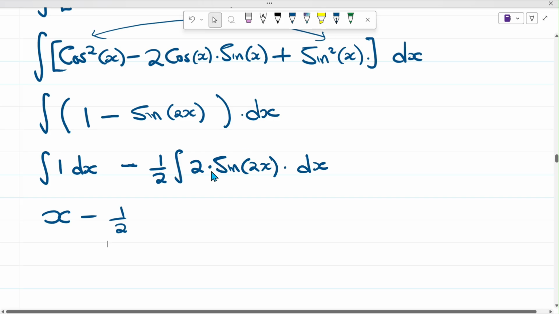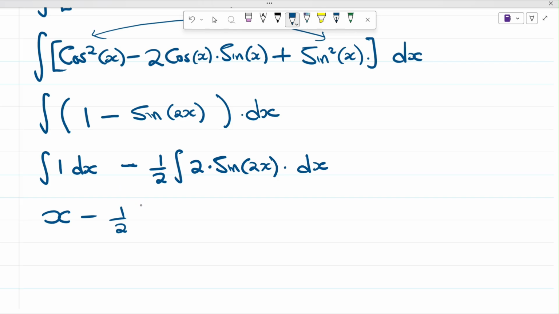Then we ask ourselves, what is it that was differentiated for us to get sine, positive sine in this case? It is negative cos, right? So a negative cos was differentiated.